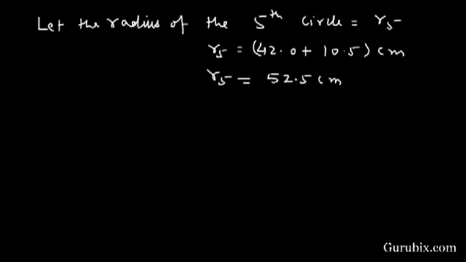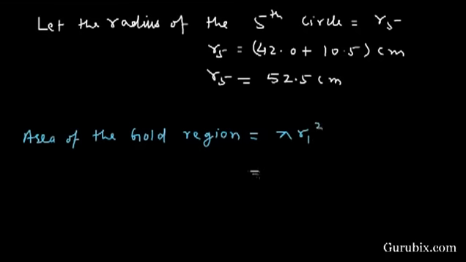And now we shall find the area of the gold region. Area of the gold region will be pi R1 square. This means 22 over 7 times 21 over 2 times 21 over 2 centimeter square.